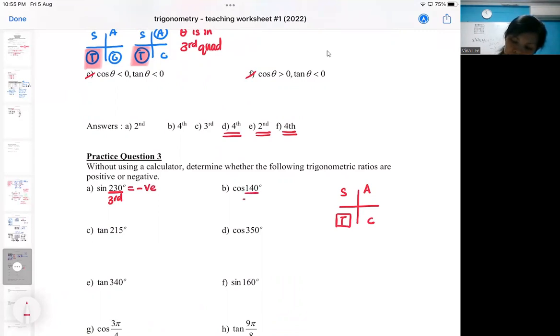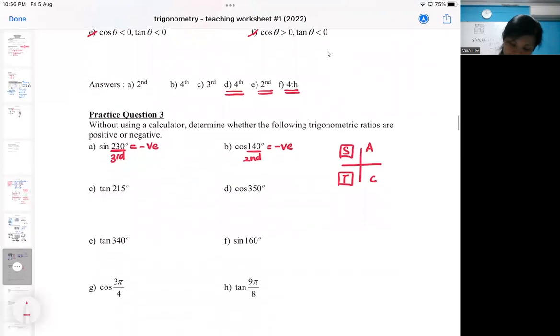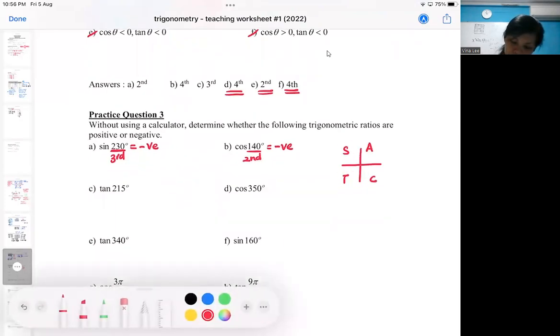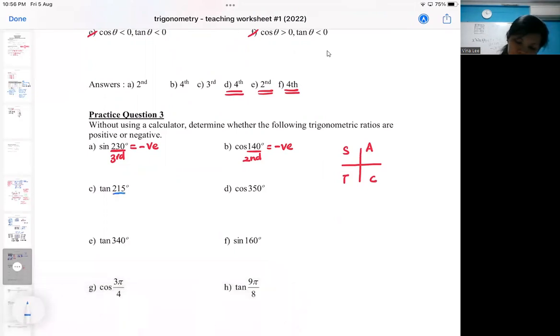Third quadrant, tangent positive. So this will be negative. 140, second quadrant. Second quadrant, sine positive. Cosine will be negative. You just have to tell your ASTC which quadrant. 215 is third quadrant. Tangent is positive, and this is a tangent, so positive. 350, fourth quadrant.